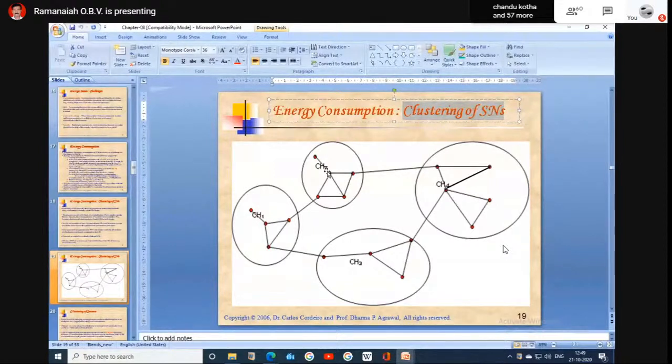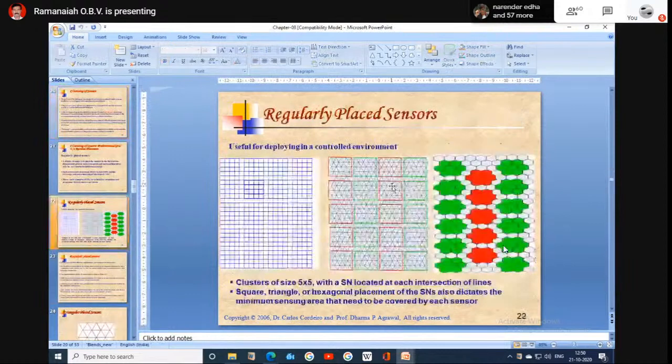Now, these 4 cluster heads are treated as one more cluster, and above that there is the root node, or you can say the sink or base station. With this, you can achieve energy conservation. We'll see that.